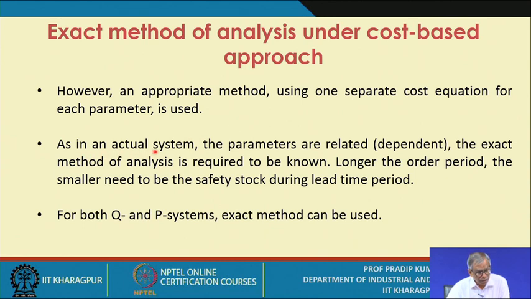As in an actual system, the parameters are related, that's why they are dependent on each other. The exact method of analysis is required to be known. That means, suppose the order quantity is more, obviously you will find that the safety stock may be less, or if the order quantity is less, you can prove with the data that the safety stock will be more.